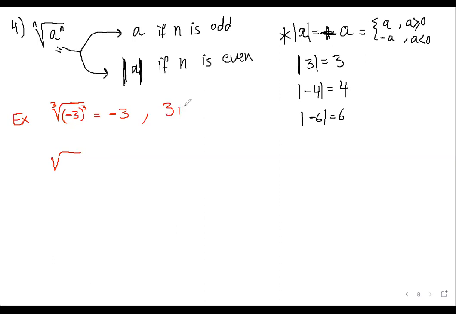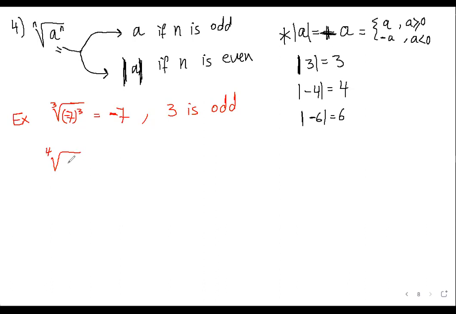Why? Because the 3 is... let me change it. I don't want to use the 3 because I want to explain more. I will use 7. Here, 7. The third root of -7 to the 3, the answer is -7. Why? Because the 3 is odd. What about this one?